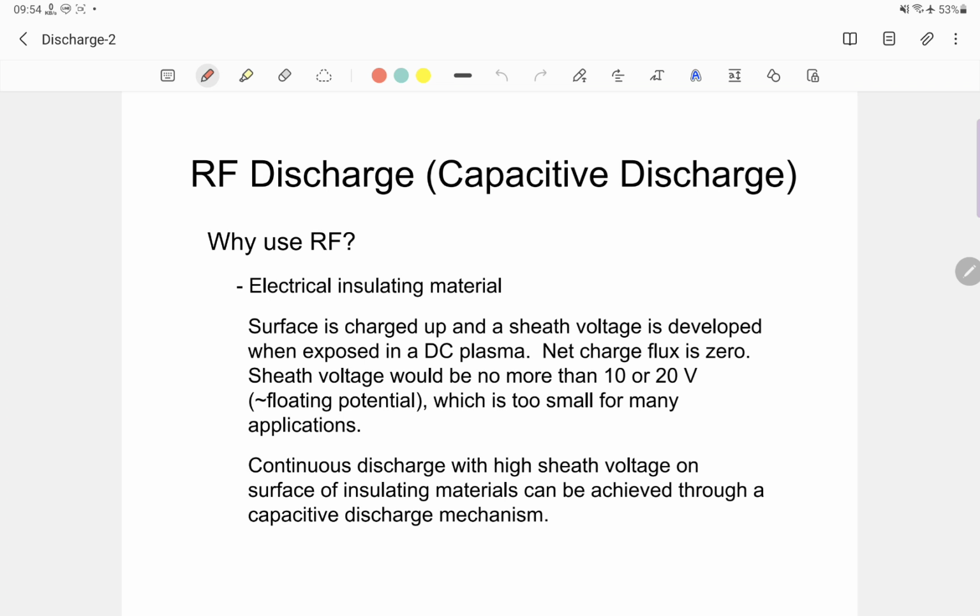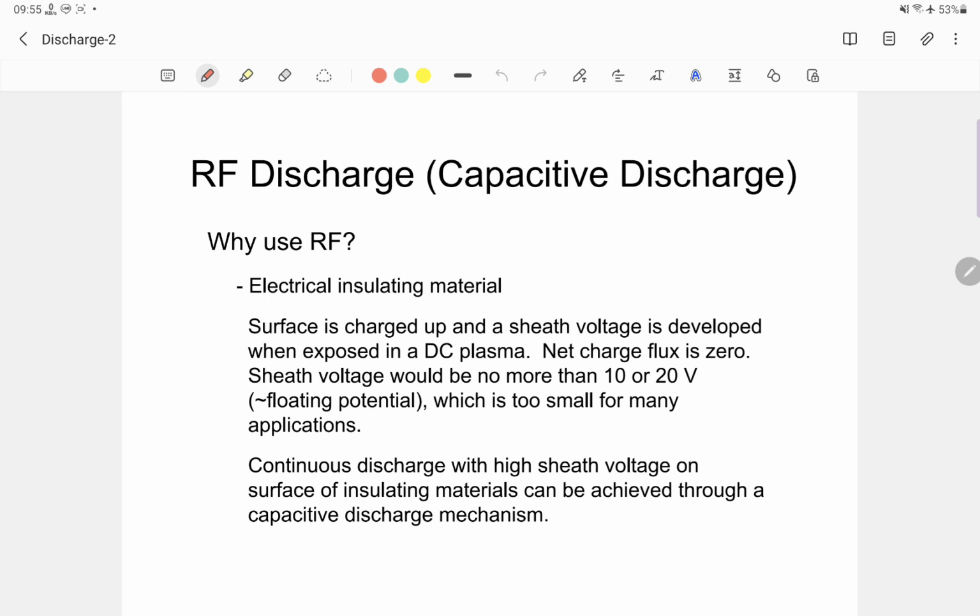Because in industry, if you want to generate a non-equilibrium low temperature plasma, you need a capacitive discharge system. If you use inductive type discharge, usually you will generate thermal plasma.